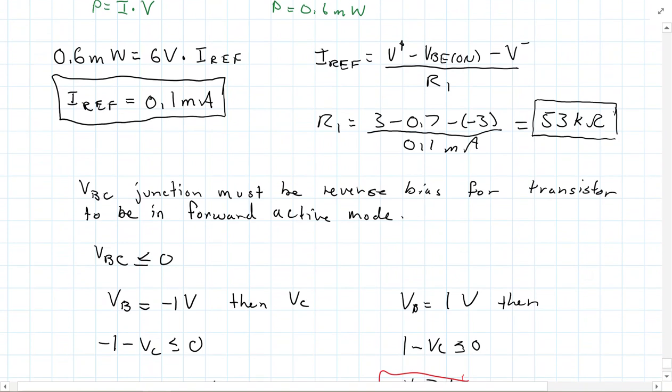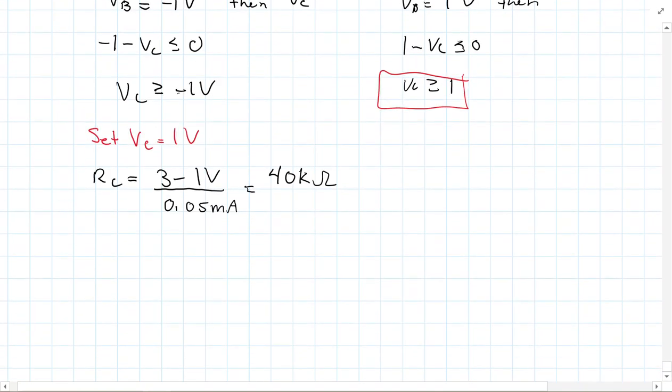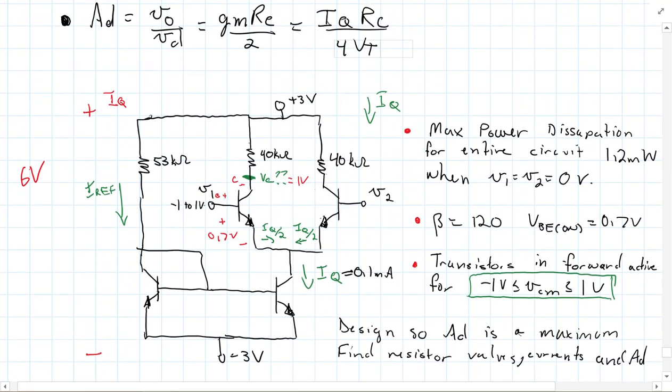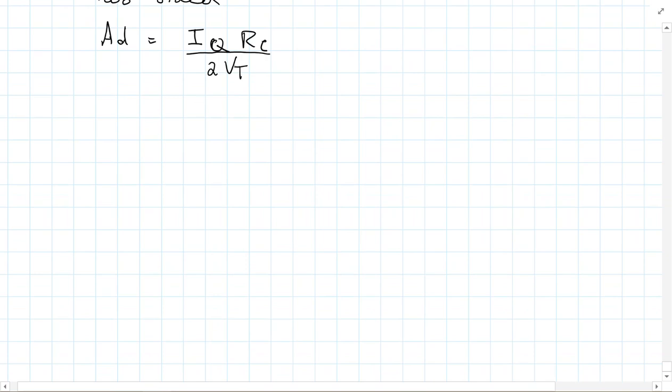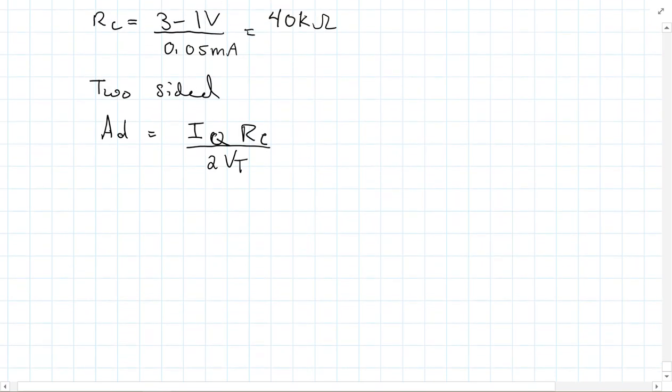So for two-sided, the differential voltage gain is IQ times RC over, and I believe it was 2 VT. Yeah, 2 VT. Which would just be 0.1 milliamps times 40K over 2 times 0.026.